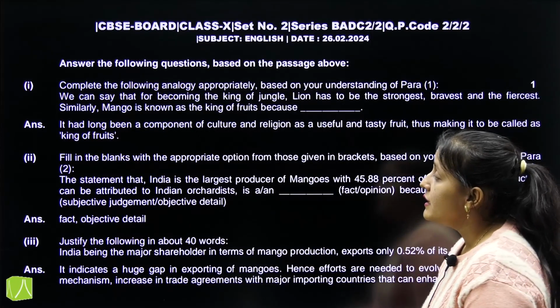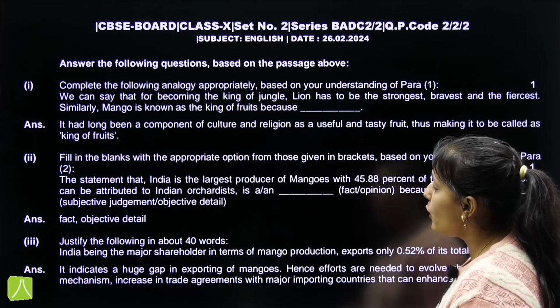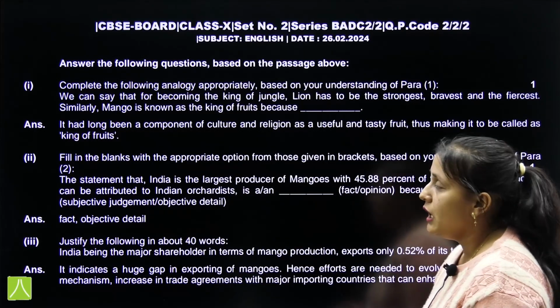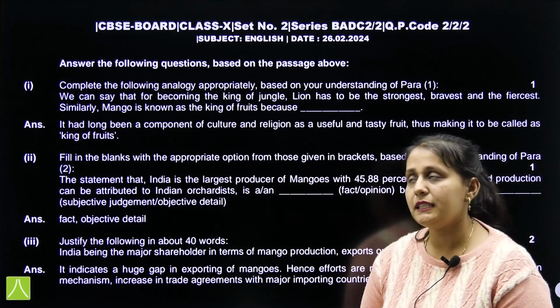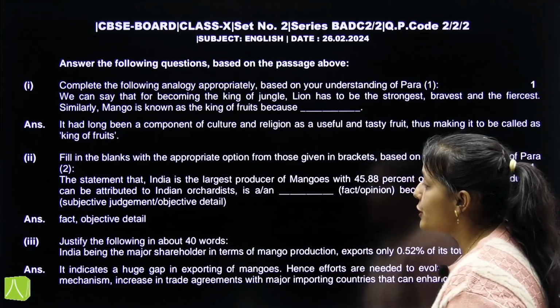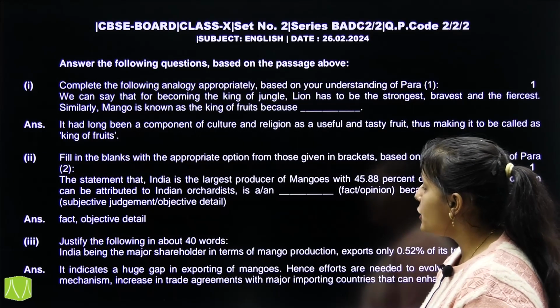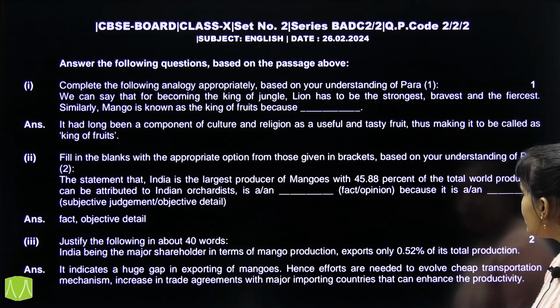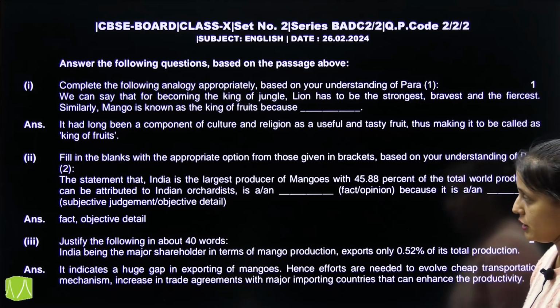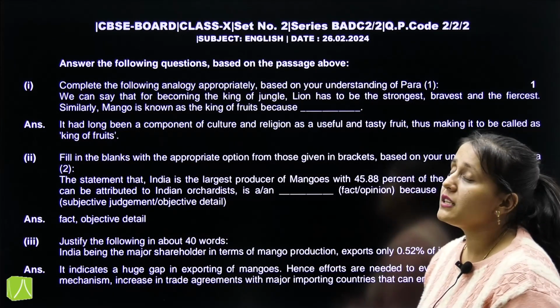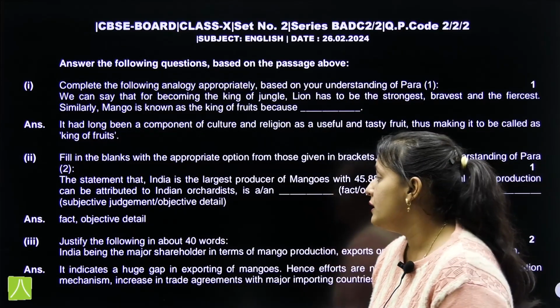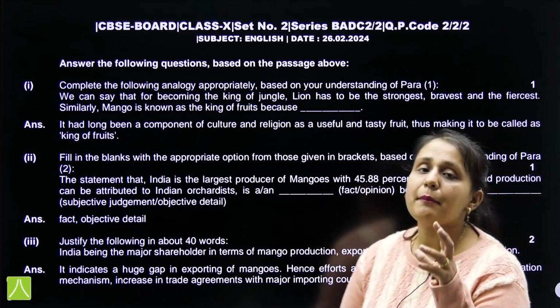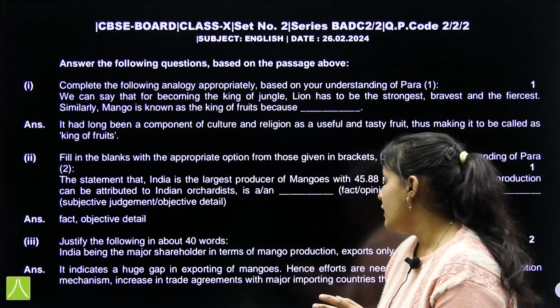The next question is justify the following in about 40 words. You had to write the answer in exactly 40 words. So, let's see what is the question. India, being the major shareholder in terms of mango production, exports only 0.52% of its total production. So, how will you justify this? That it indicates a huge gap in exporting of mangoes.